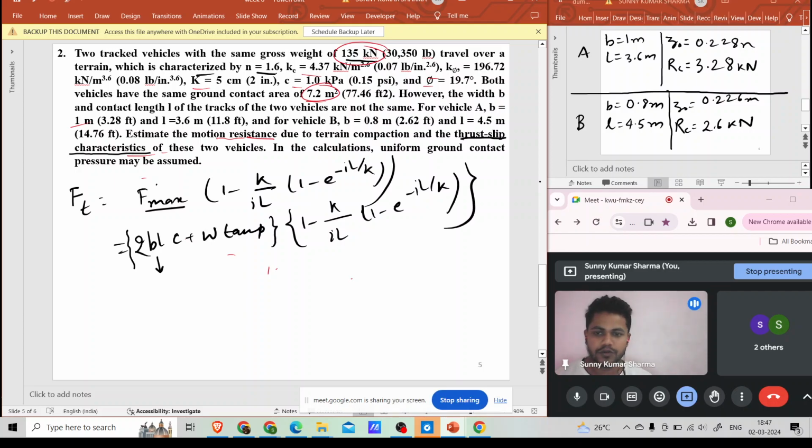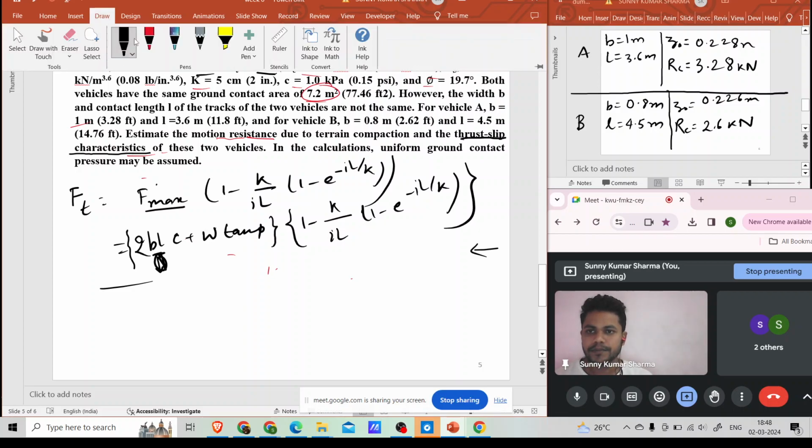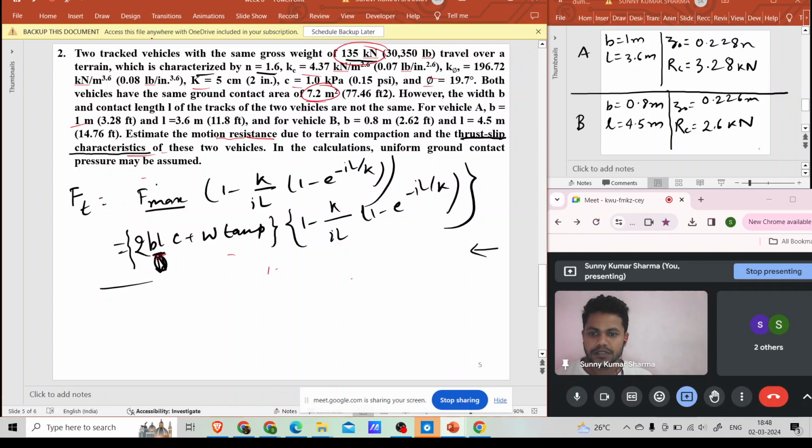In the calculator, you just write this equation and change the values of B and L. Do it for at least two slips, and you have to change the value of the slip.